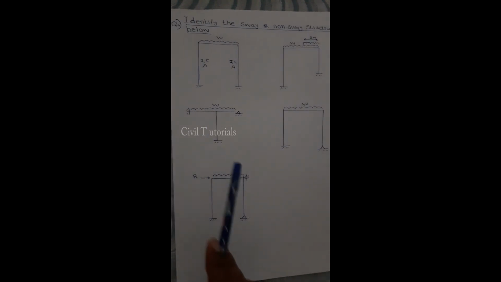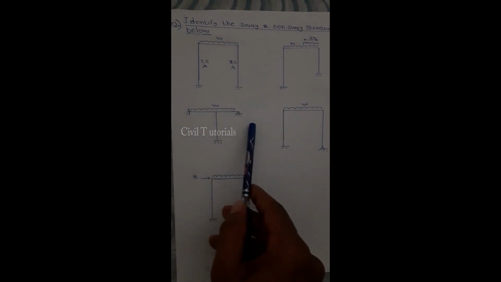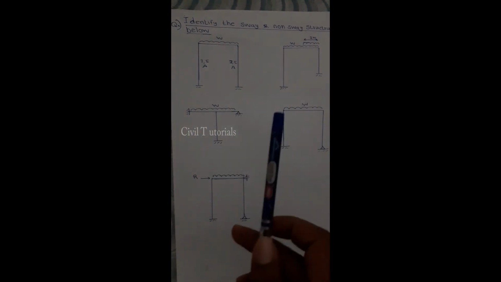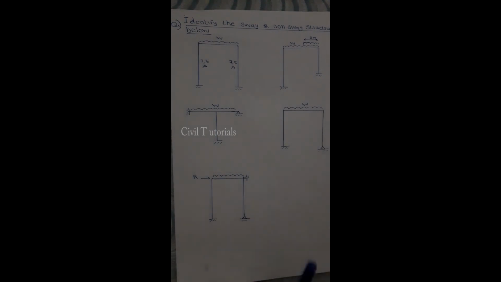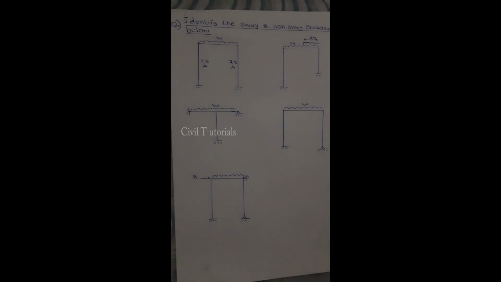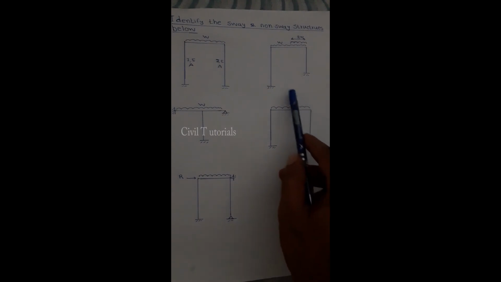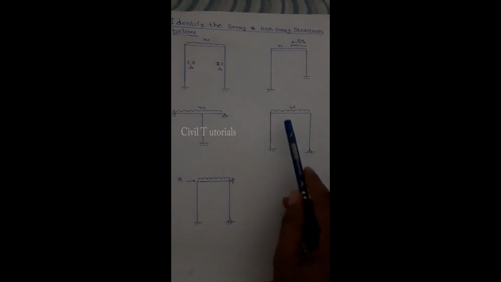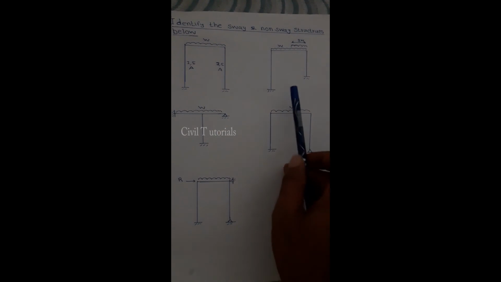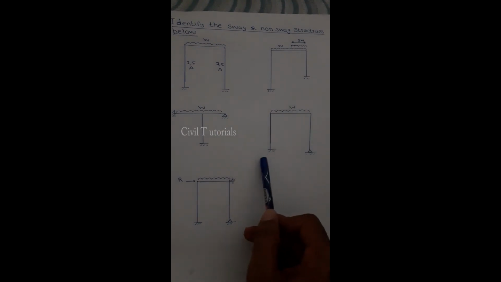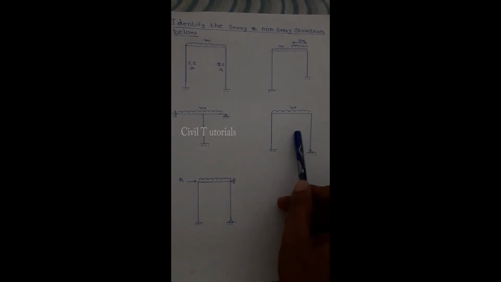The third one is also a sway structure, because here is the symmetrical axis, here we have a fixed joint, and here we have a pin joint. So it violates the support criterion. And here the loading is symmetrical on both sides of the symmetrical axis, but the supports violate the criterion, so it sways. It is a sway structure.